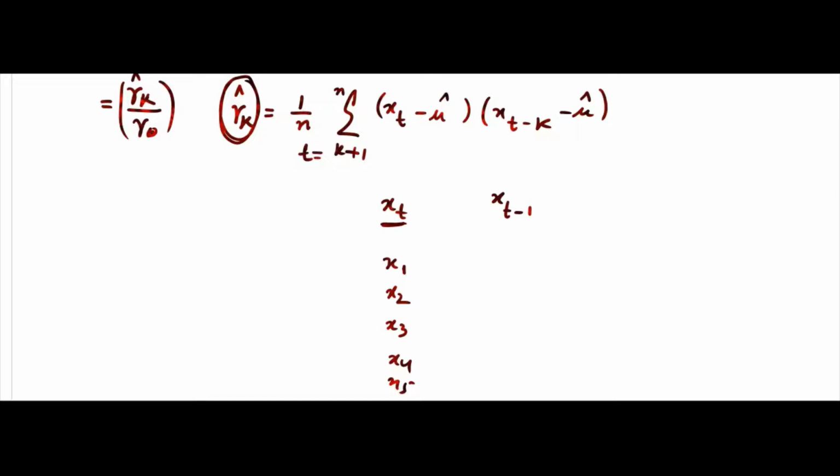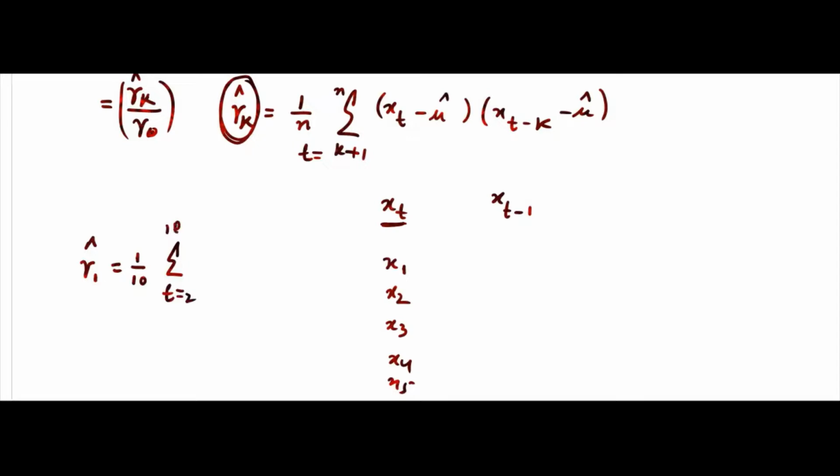Suppose I want to find this one. You put k equal to 1 here. k equal to 1 means you will start from 2. So 1 upon n you fix here. Suppose n is 10. I'm not going to 0; we'll go to 0 later. If you put k equal to 1 here, t will be from 2 to 10.